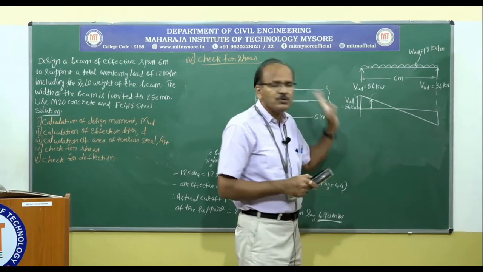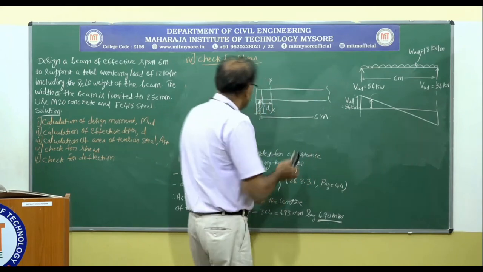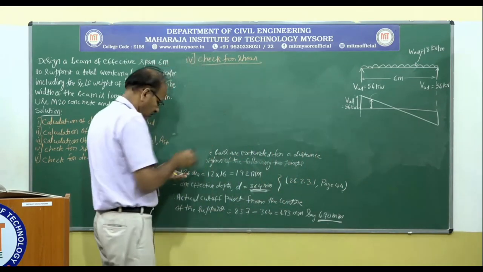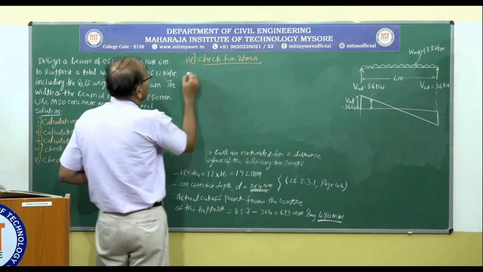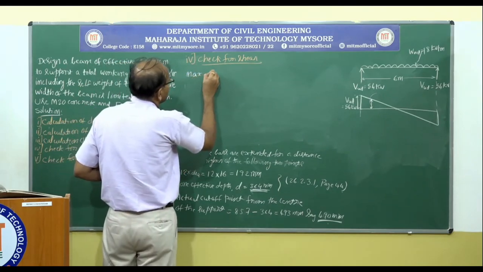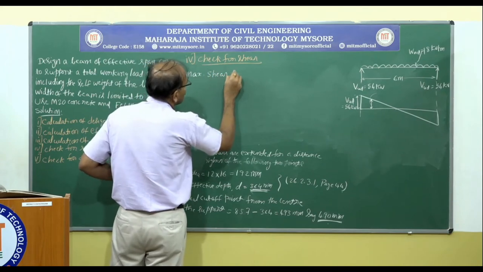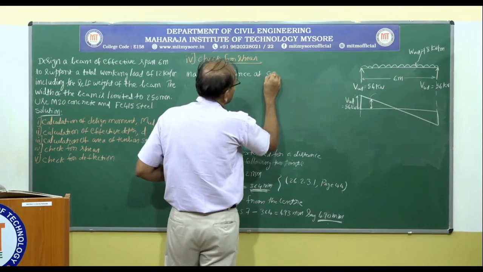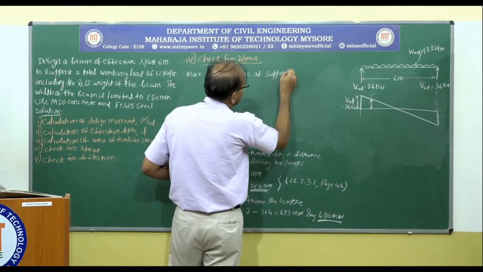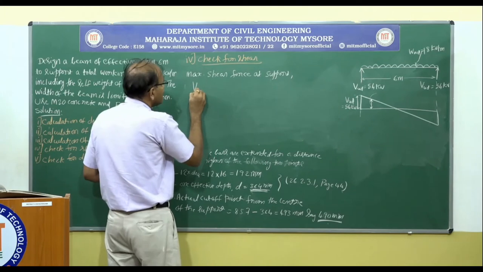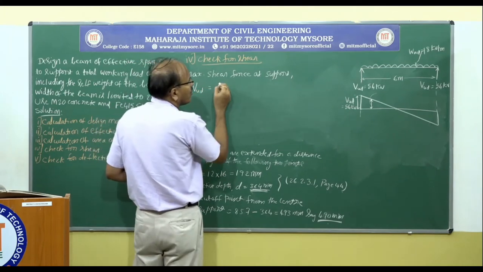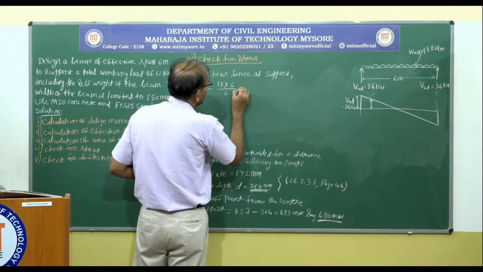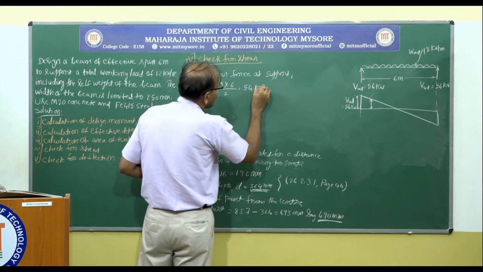Okay, that's what I am going to do. Therefore, maximum shear force at support. So I am going to call that as VUD equal to half the reaction, 18 multiplied by 6 divided by 2, that is equal to 54 kilonewton.